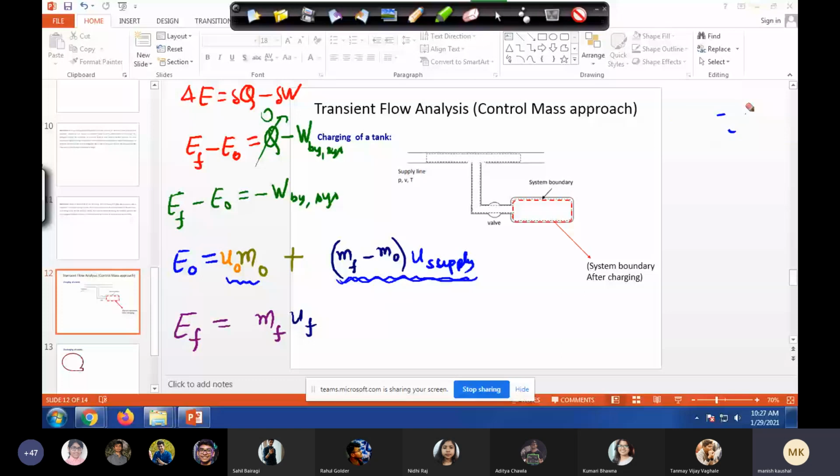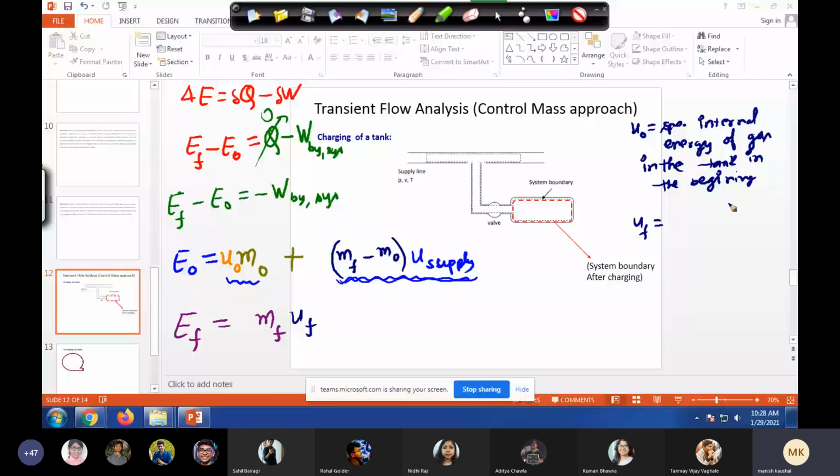We should also write U naught is the specific internal energy of gas in the tank in the beginning, and UF, same thing, but at the end.